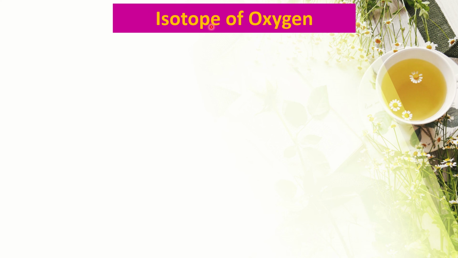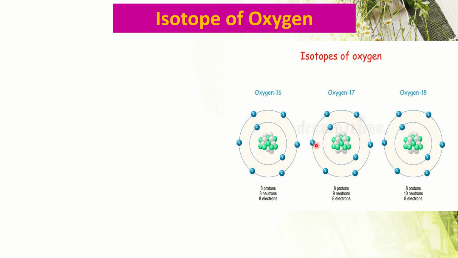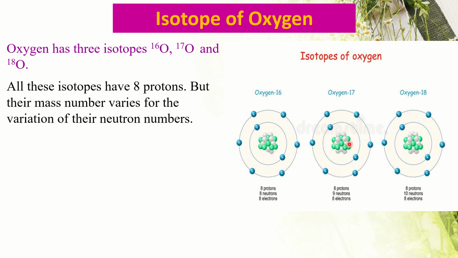In the same way, these are isotopes of oxygen. This is oxygen 16. It has 8 protons and 8 neutrons.